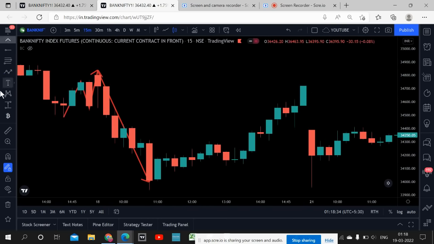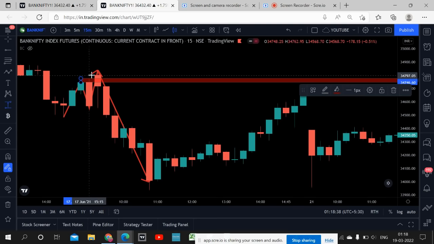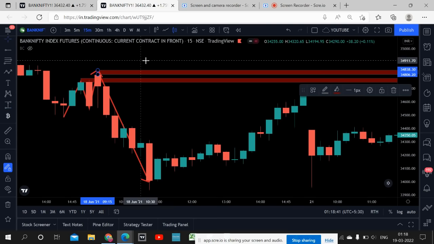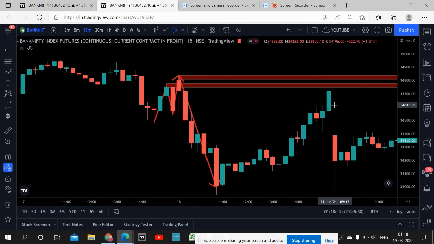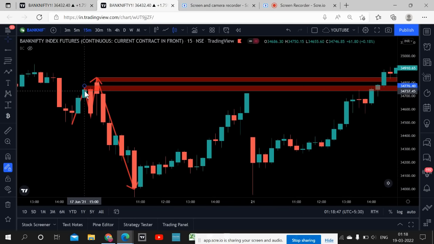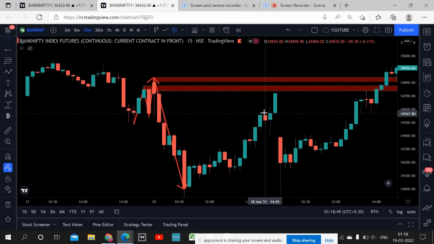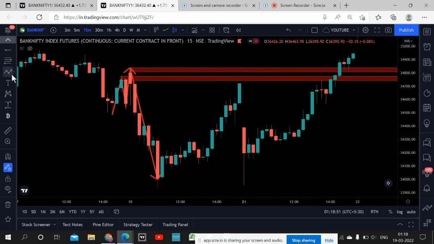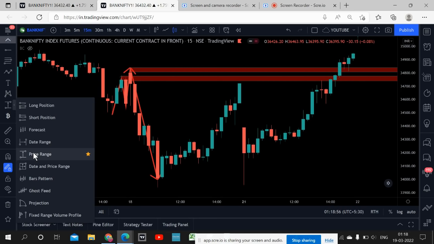So what you're supposed to do is mark the levels. See what has happened. Price has come all the way. This entry might have been missed by a few points, but what has happened?